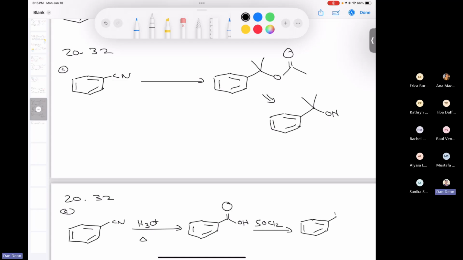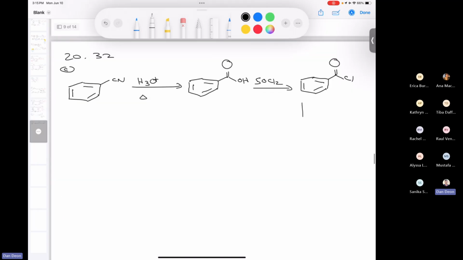Now, once I've got the acid chloride, it's going to react in a similar fashion to an ester with a Grignard. So if I use excess methyl magnesium bromide followed by treatment with aqueous acid, that's going to give me what? It's going to give me the alcohol that I want. So I'm going to end up with this alcohol, and that was the alcohol I was looking for all along.